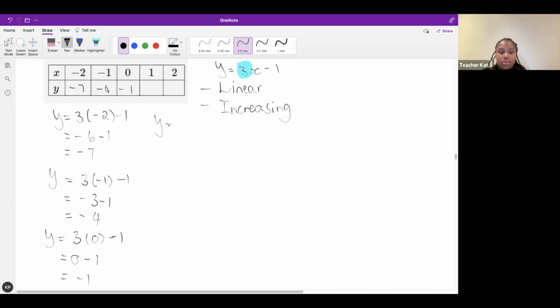Next one, y is equal to 3 times 1 minus 1. It is 2. My output is 2. And the last one, 3 times 2 minus 1. What's 3 times 2? 6. And if I subtract 1 from that, then my output is 5.